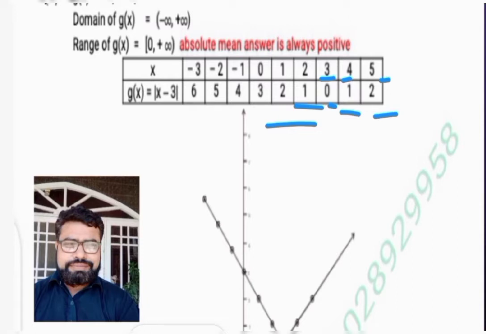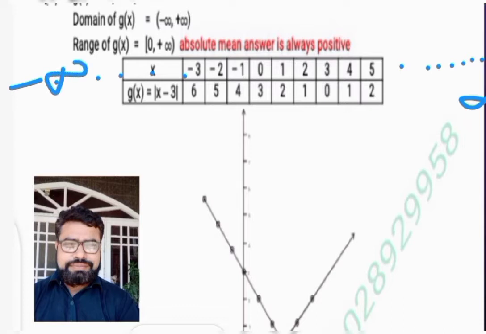Absolute makes everything positive. Now we see that you can put a lot of values after 5, there is 6, 7, 8, and so on, that is infinity, and before -3, -4, -5, -6, -7, and so on up to -infinity.